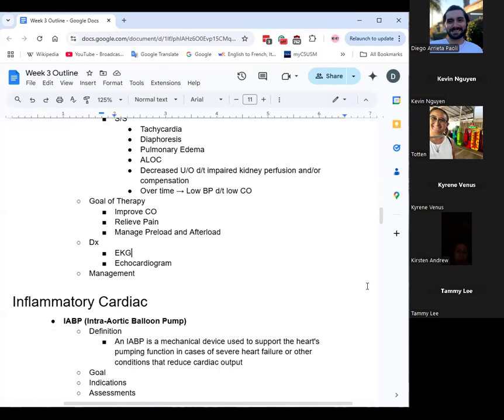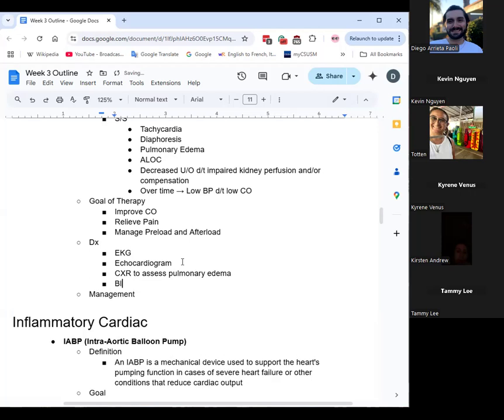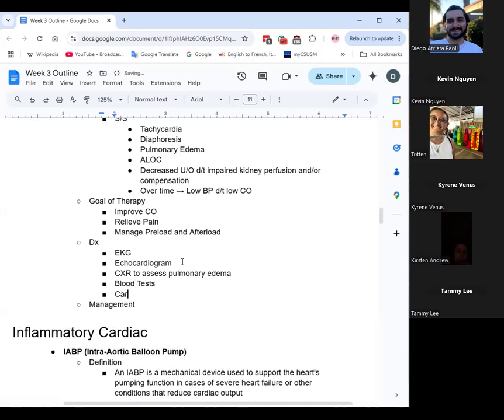So that muscle damage in the heart, how would it manifest on an EKG potentially? Chest X-ray for pulmonary edema, cardiac enzymes. Yeah, so blood tests for cardiac enzymes.